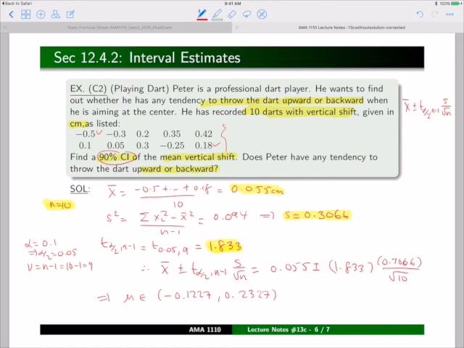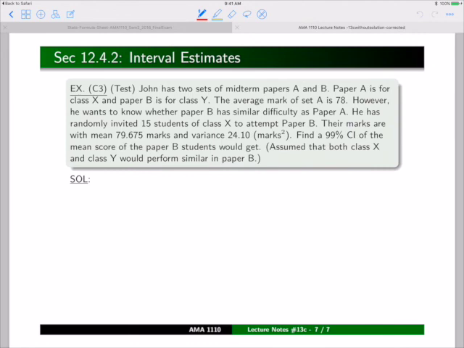Okay. And let's go to our final example. So John has two sets of midterm test papers, A and B. Paper A is for class X and paper B is for class Y. Average mark on set A is 78.